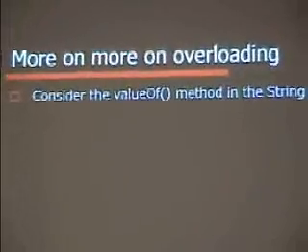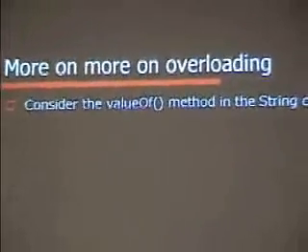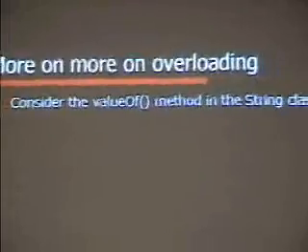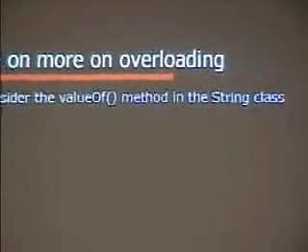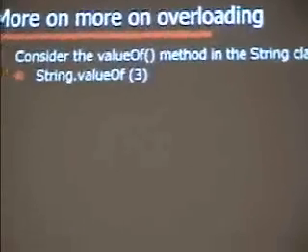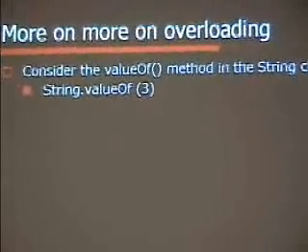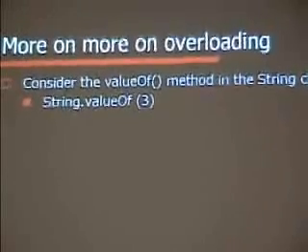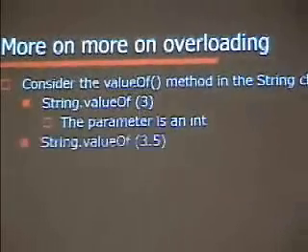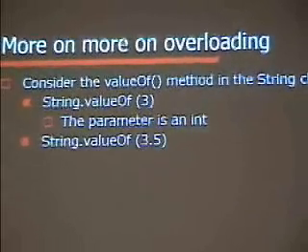So last time we were talking a bit about overloading. And I want to briefly remind you what overloading is. There are a number of methods. One example is the valueOf method. And they take in different sets of parameters. The valueOf method, for example, can take in an integer, valueOf 3. That's going to create a string that has a single character, which is the character 3. 3.5, that's a double.